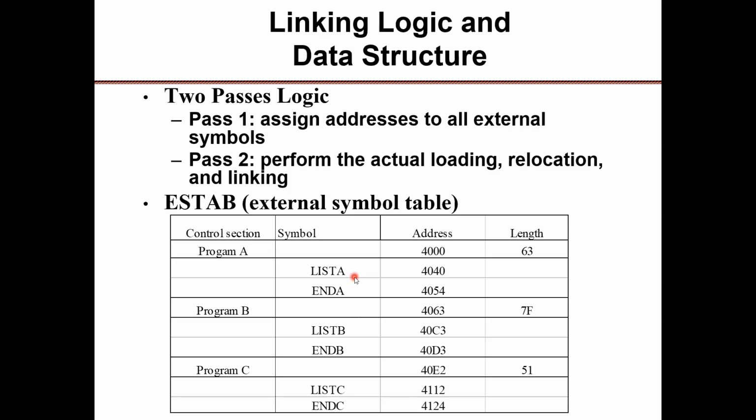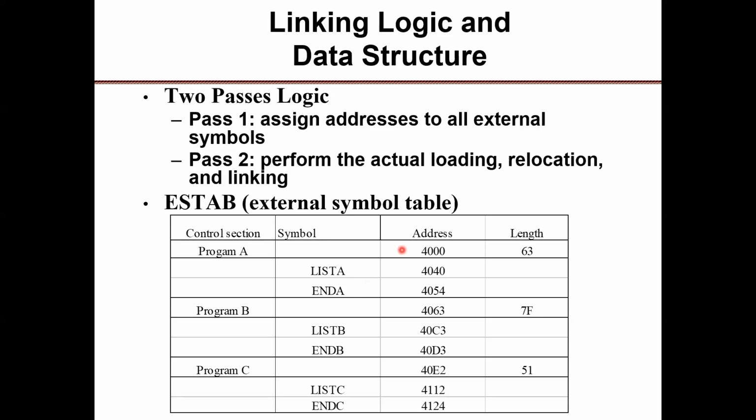Likewise, we can also perform the work of changing the values from the modification records wherever symbols LISTA and ENDA were used in a modification record. That's local to this control section, but the assembler, when it assembled that code and generated that modification record, stated that it was dependent upon the starting address of PROGA, because these particular LISTA and ENDA symbols have absolute or direct values.